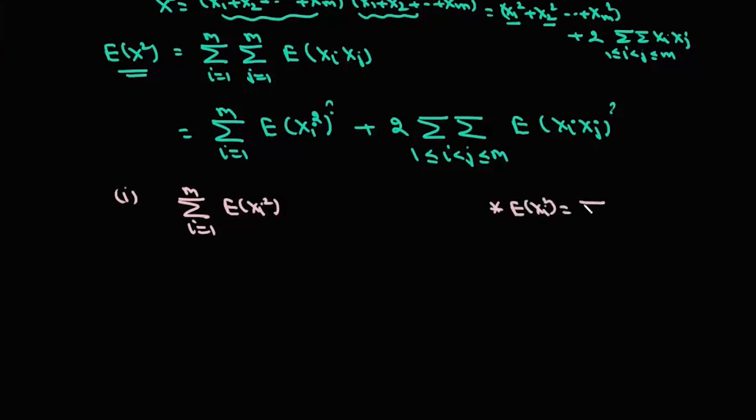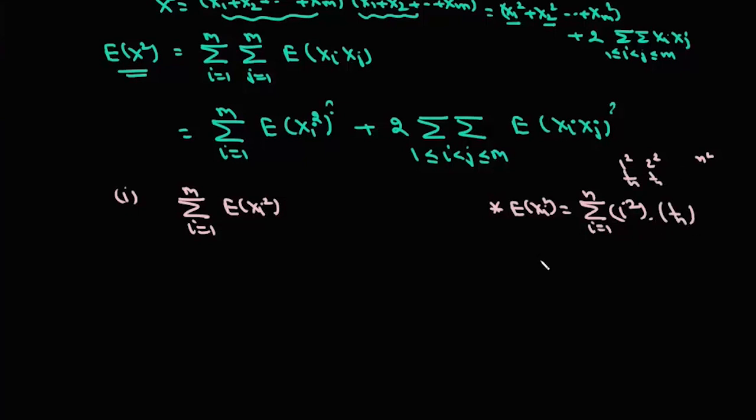Now it will be this summation i varies from 1 to n, and then what are the possible values of Xi square? 1 square, 2 square, up to n square. So it will be this i square, and probability of getting 1 square, 2 square, and n square is 1 by n each.